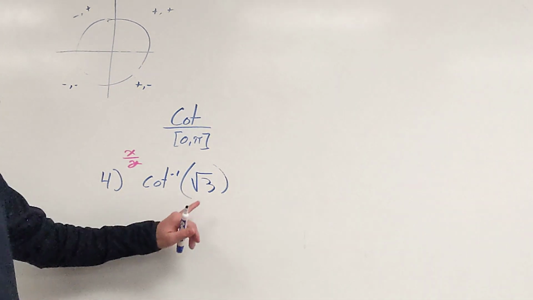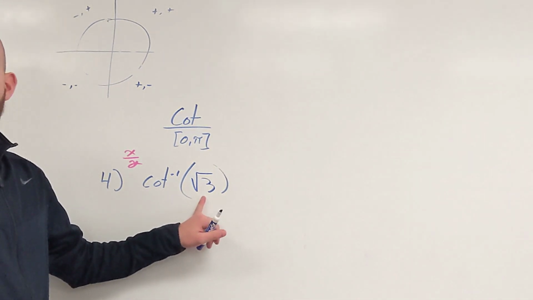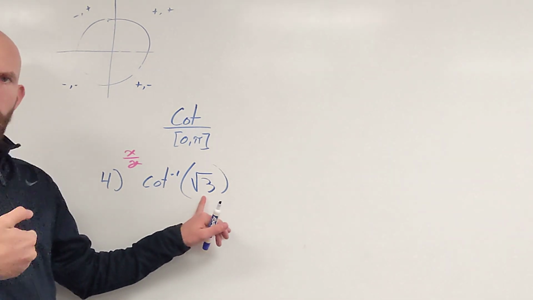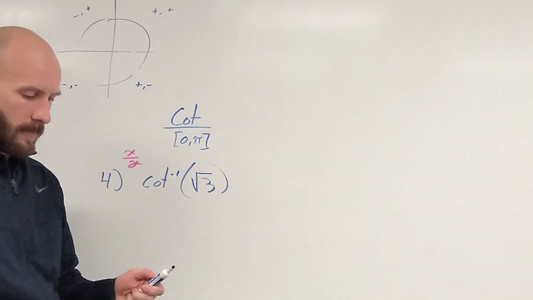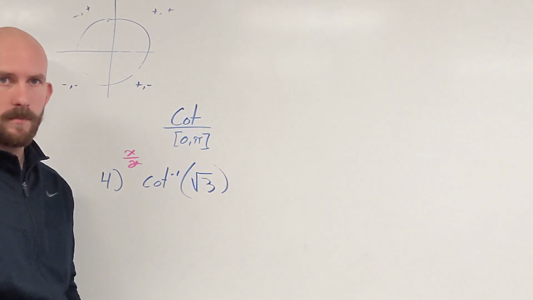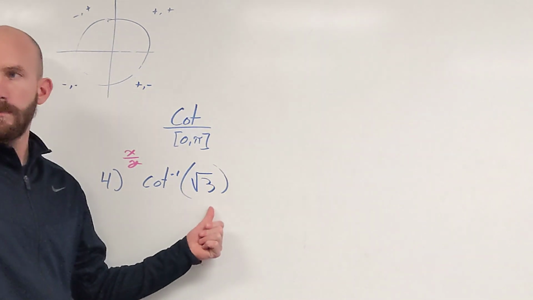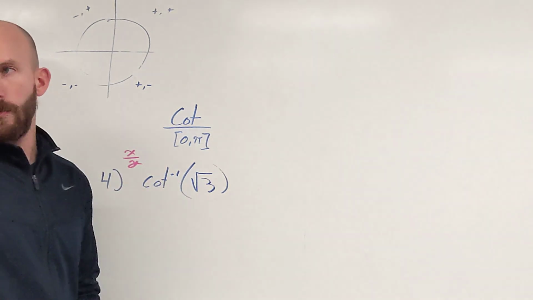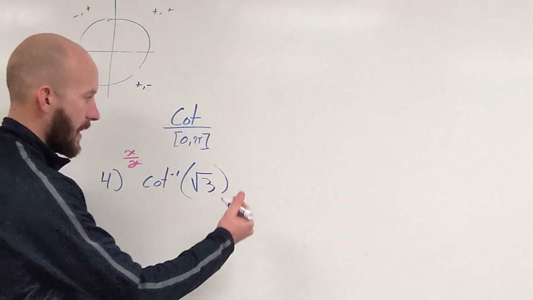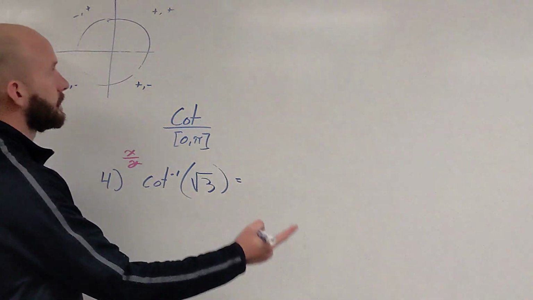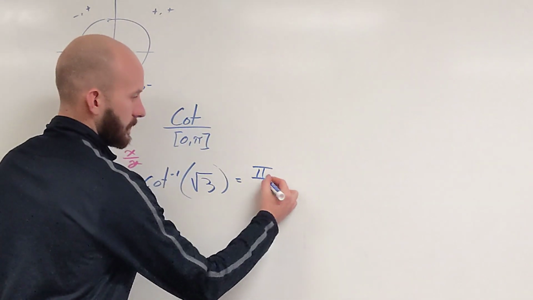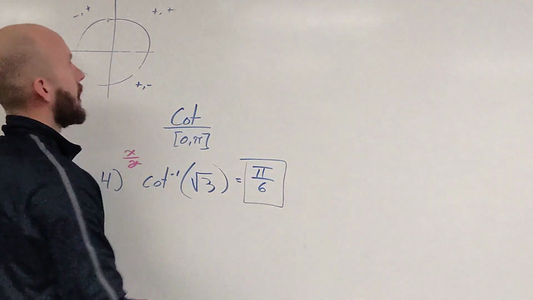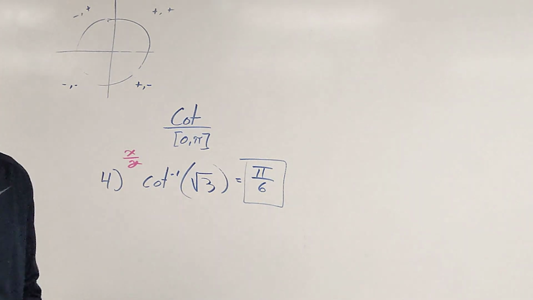To get square root of 3, I have to have square root of 3 over 2 divided by a half. So I need the x value to be square root of 3 over 2, right? So that angle will be pi over 6.